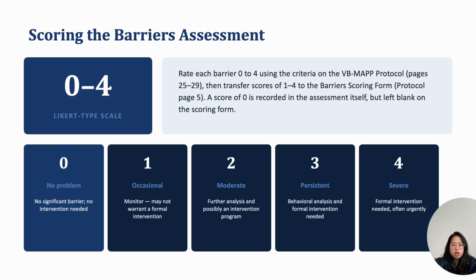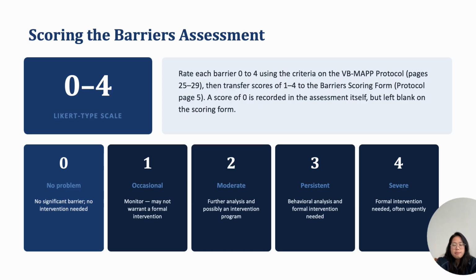Walking across the scale, 0 means no significant barrier and no intervention needed. A 1 means an occasional problem, worth monitoring, but it may not need a formal intervention yet. A 2 means a moderate problem where further analysis and possibly an intervention program should be considered before things get worse.